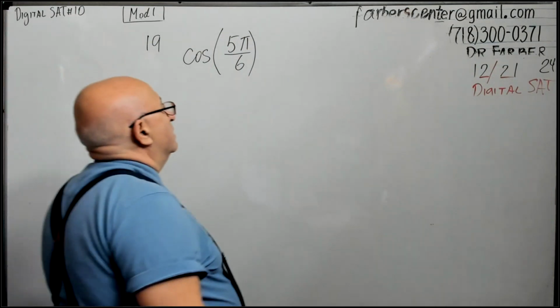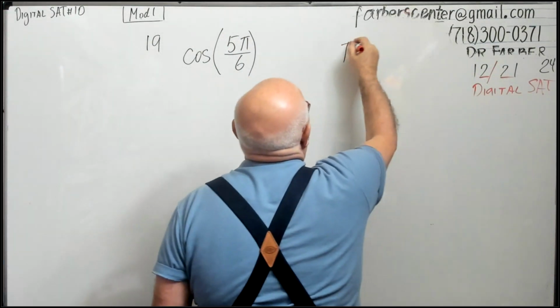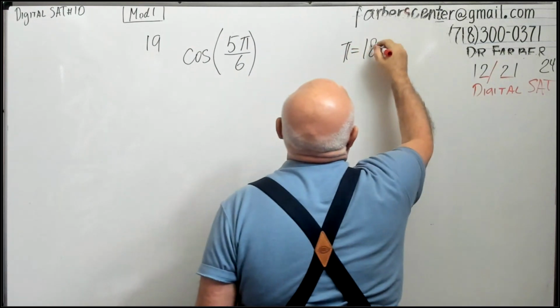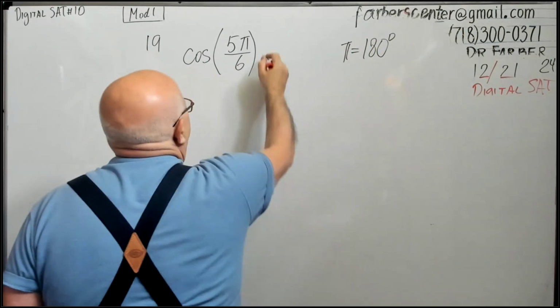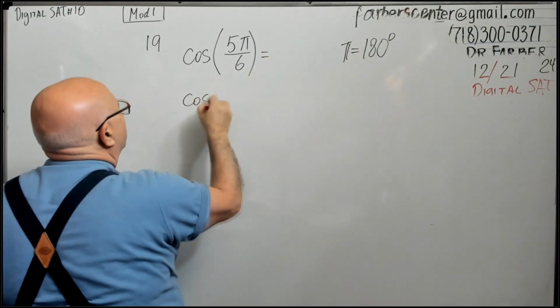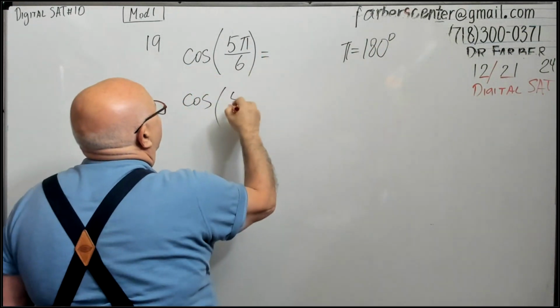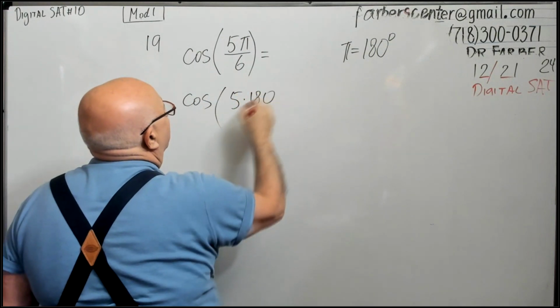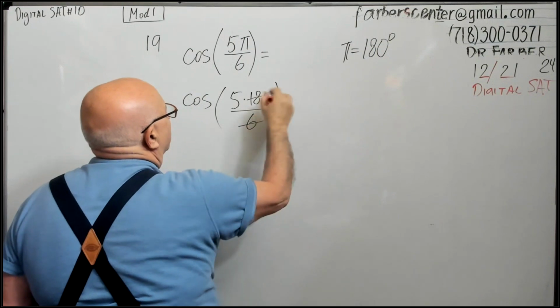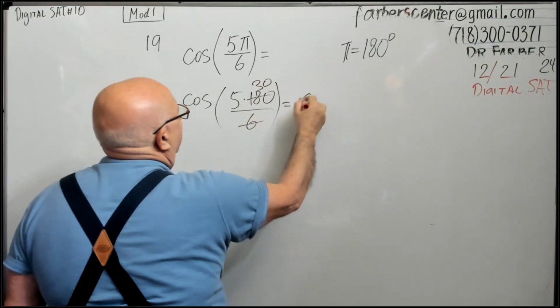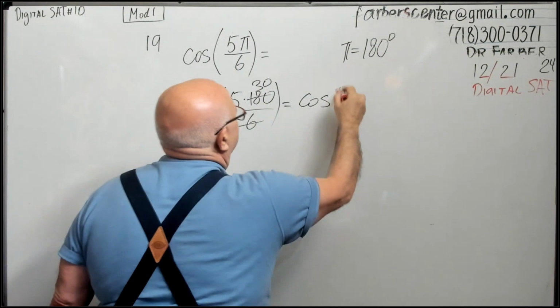Another way, let's say you know that pi equals 180 degrees, if it's more convenient for you. It's the same as cosine of 5 times 180 divided by 6. It's cosine of 150.